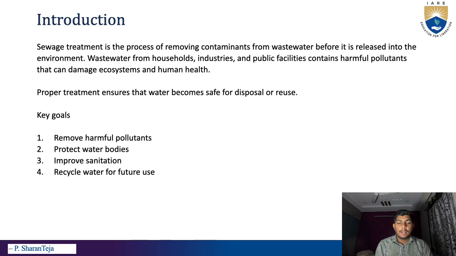If released untreated, it can pollute rivers and lakes, spread diseases, and damage ecosystems. The main objectives of sewage treatment are to remove harmful pollutants, protect water bodies, improve sanitation, and enable water reuse. So, sewage treatment is not only a technical process, it is essential for survival and sustainability.